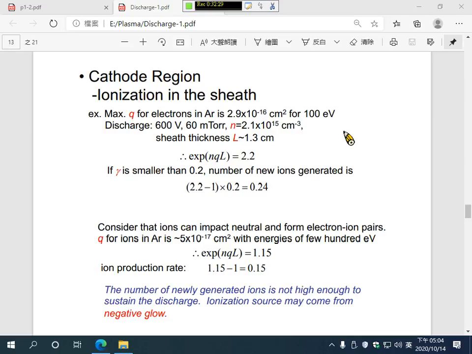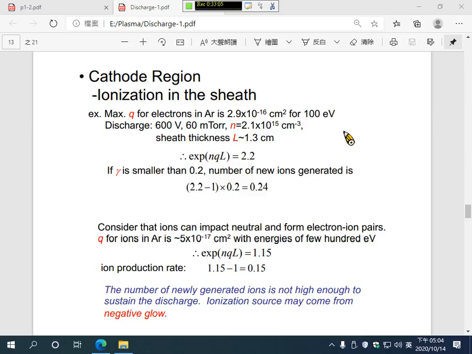So this model is adopted from Townsend's analysis, right? But Chapman used an example and found that inside the cathode layer, even if you consider all the possible reactions, you still cannot get enough newly generated electron and ion pairs.